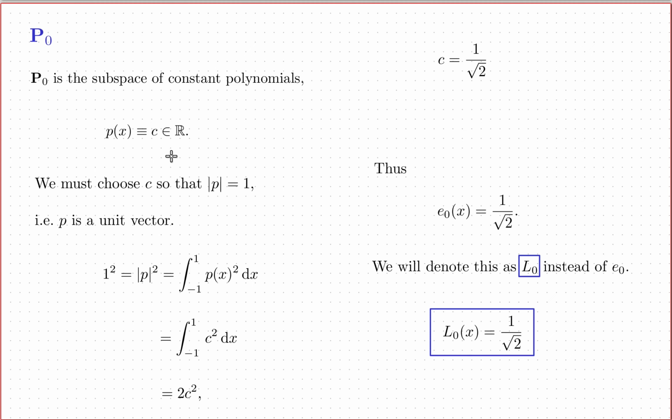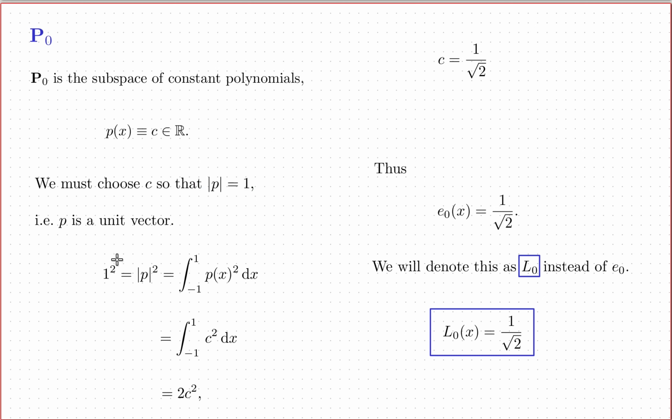So to choose a basis element for a one-dimensional space, we just pick one element, and we want it to be an orthonormal basis. So in this case, that means that we have to choose a polynomial p of x equals some constant c, such that the magnitude of this polynomial, considered as a vector in this vector space, is 1.